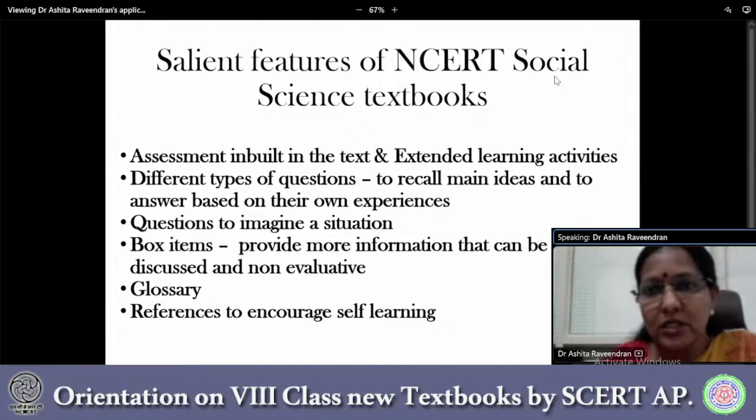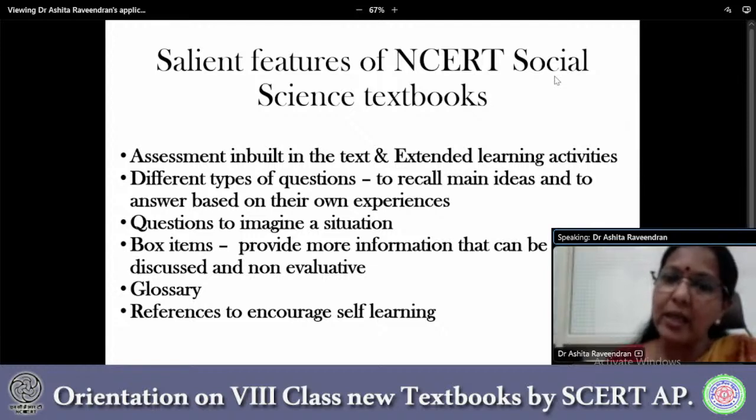So responding is more important when you have to arrive at a solution. How your learner is going to respond will depend upon how far they are able to imagine a situation and put themselves in that role and find out a solution.